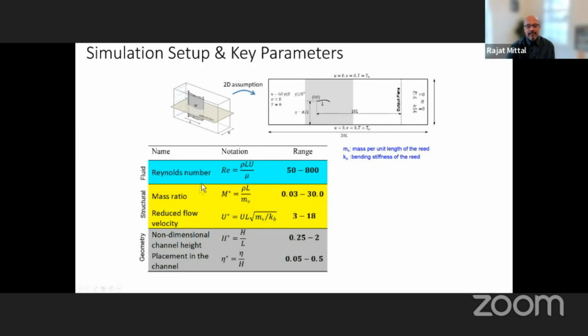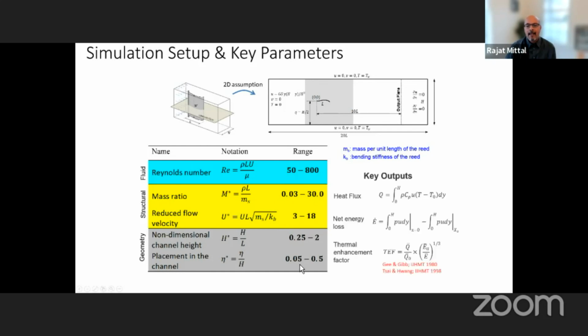The other key parameters in this problem are the density or mass of the flag, and the reduced flow velocity, which is a measure of the flexibility of the flag. Those are the input parameters.